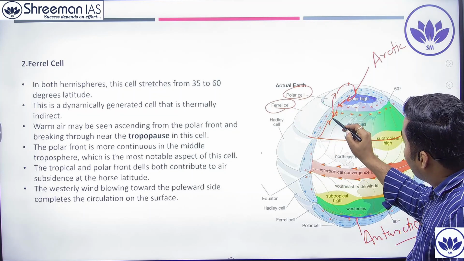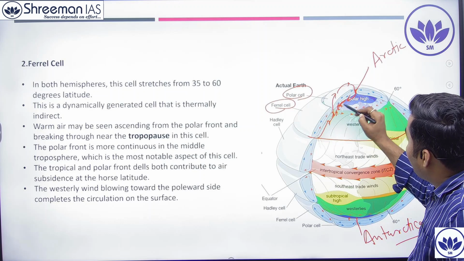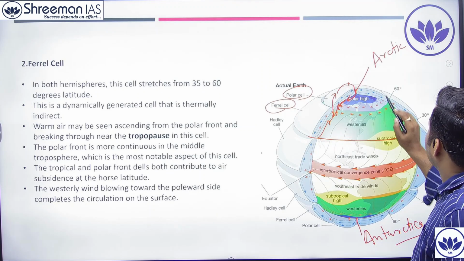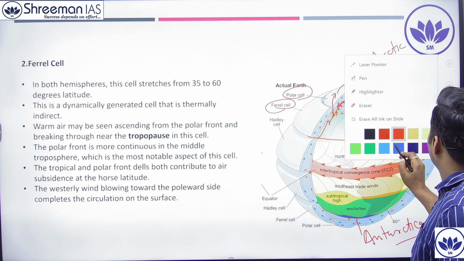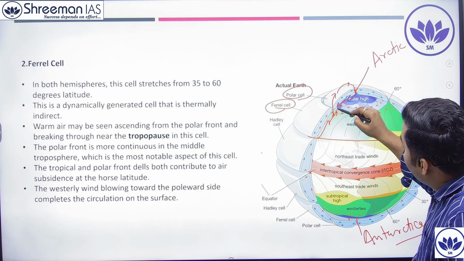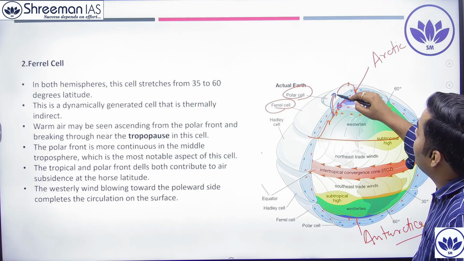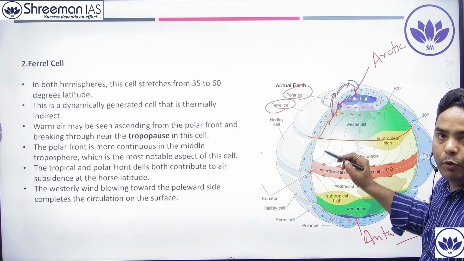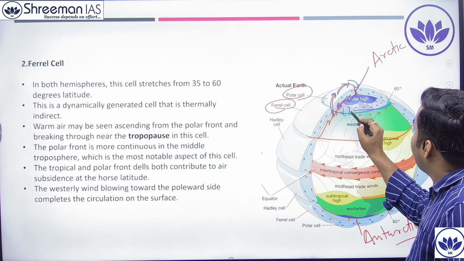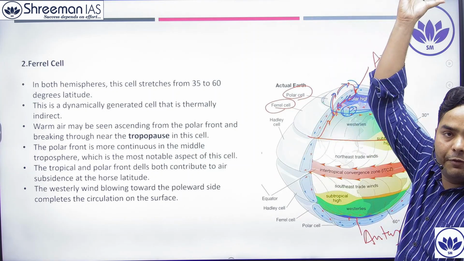And again, because the cold air mass which is coming from the polar side uplifted this warm air mass toward the pole, there will again be a low pressure belt because air is uplifted.